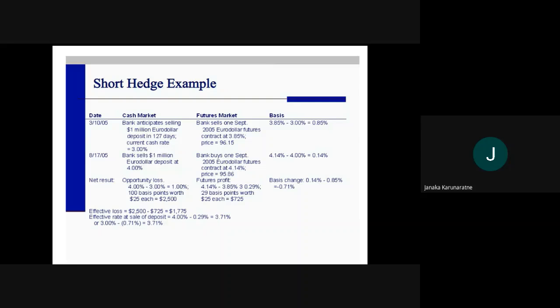What is the loss to you? Come on, guys, it's on the screen. It's minimized to 1,775. I don't know whether you all are with me or doing something else. It's clear, because of the hedge, you make a gain of 725. So the effective loss would be 1,775.